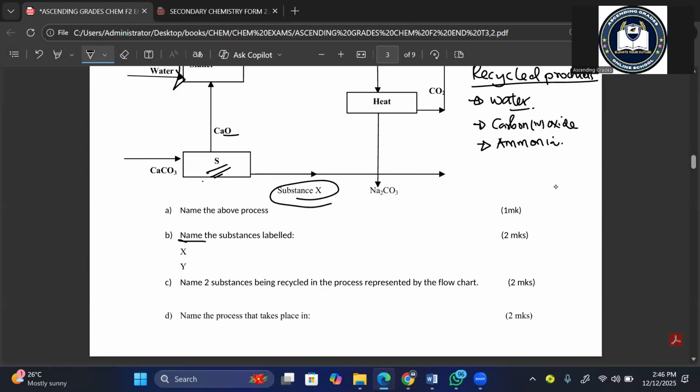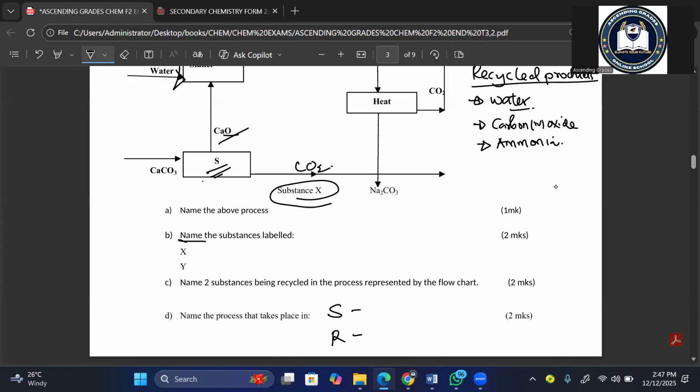Then you are told, name the process that takes place in S and in R. So from the S side, you can see we are going to heat calcium carbonate so that we can produce calcium oxide and carbon (IV) oxide.